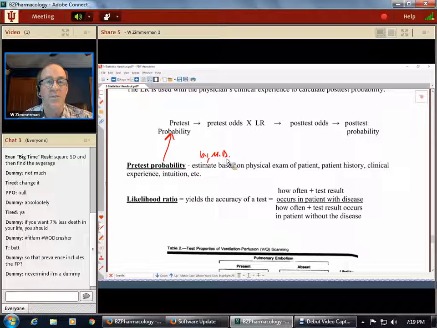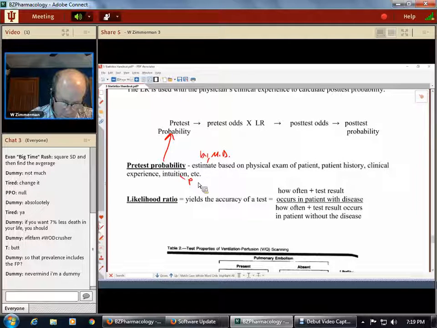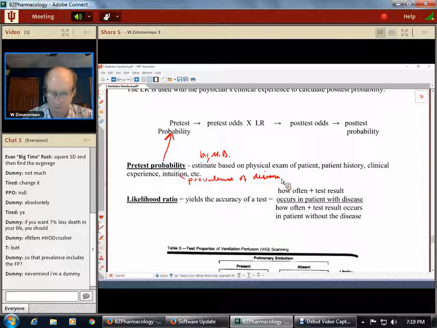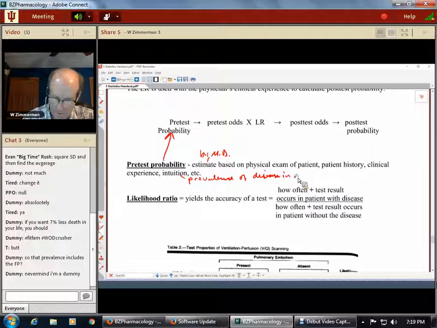If we're talking about appendicitis, how often when somebody comes into my ER with lower abdominal pain does it really turn out to be appendicitis? So that's part of the prevalence of the disease in my particular area. But all those things get put together to give a pretest probability.